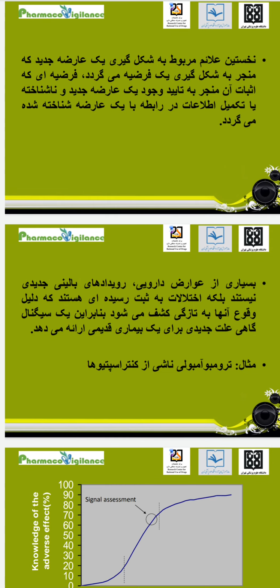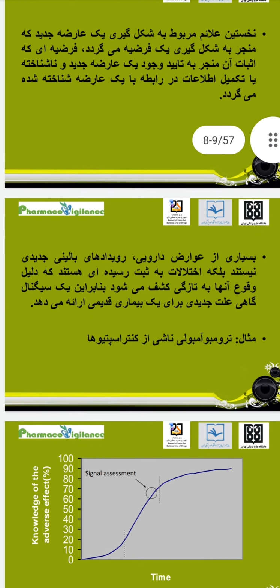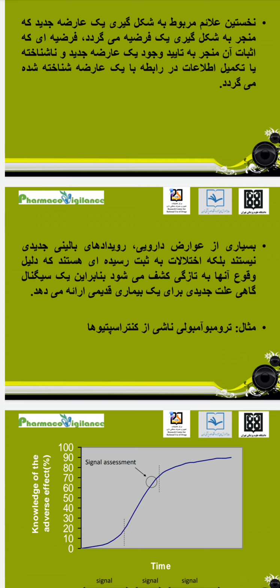And some of the adverse drug reactions explained in this page are not new clinical events that we want to approve, but old diseases that we know, but because of the new drugs.